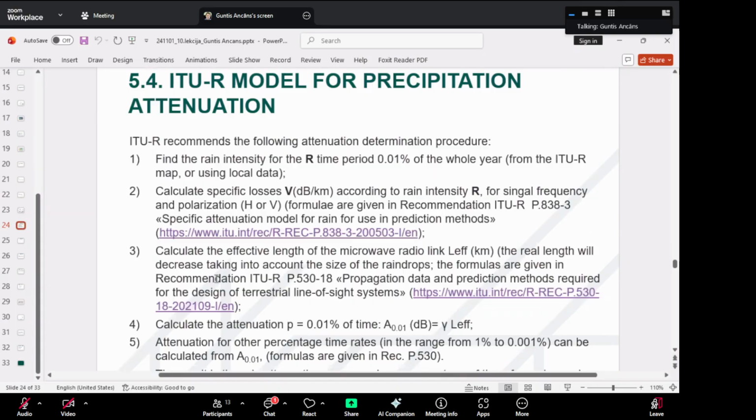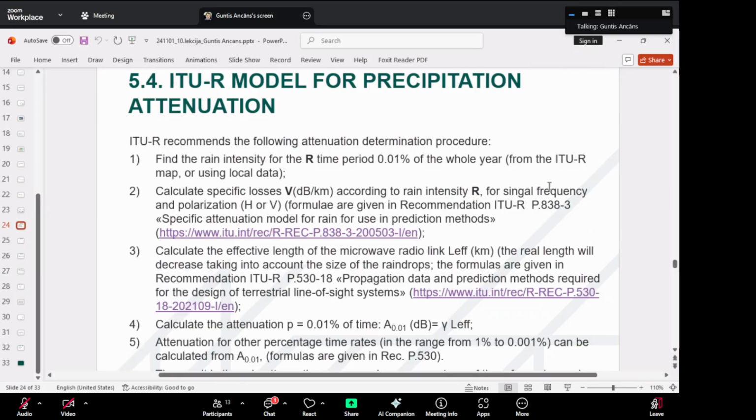First, we find the rain intensity for the needed time percentage. Then we calculate specific losses according to rain intensity, according to ITU recommendation P.838.